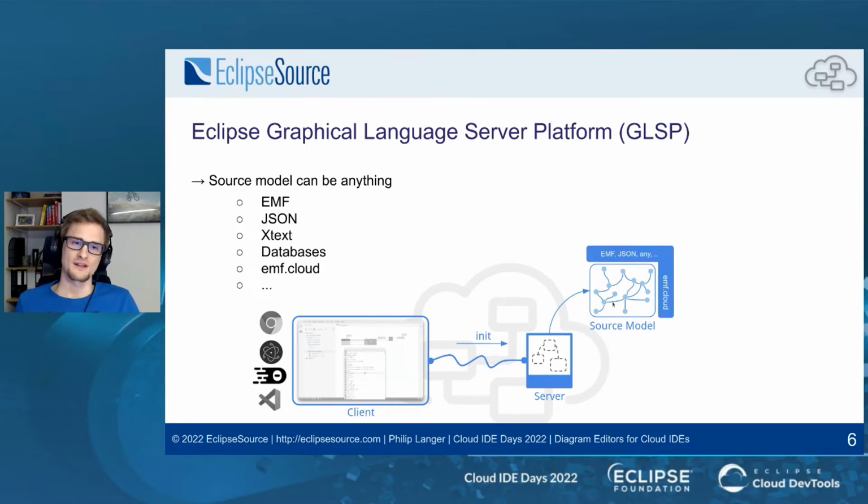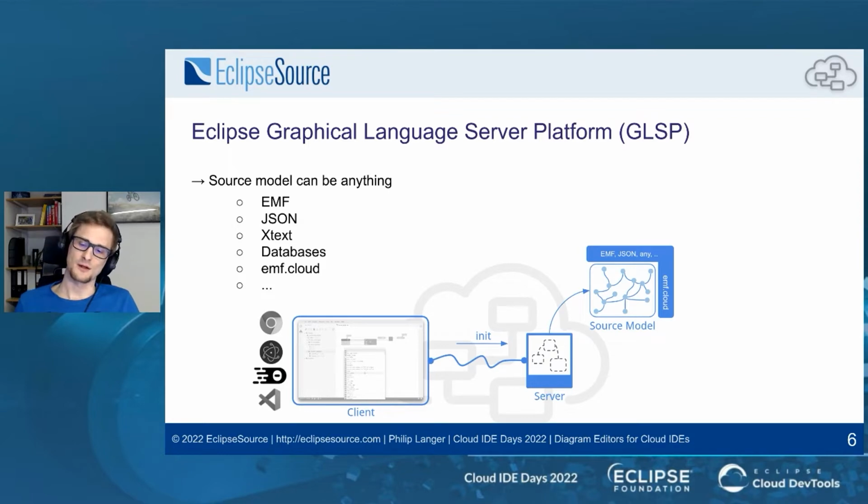This source model can essentially have any format or be based on any modeling framework, so GLSP does not put any restrictions on that. Typical choices are models based on the Eclipse Modeling Framework, but also arbitrary JSON formats, even Xtext-based models or databases, or model servers such as the one provided by the EMF Cloud project.